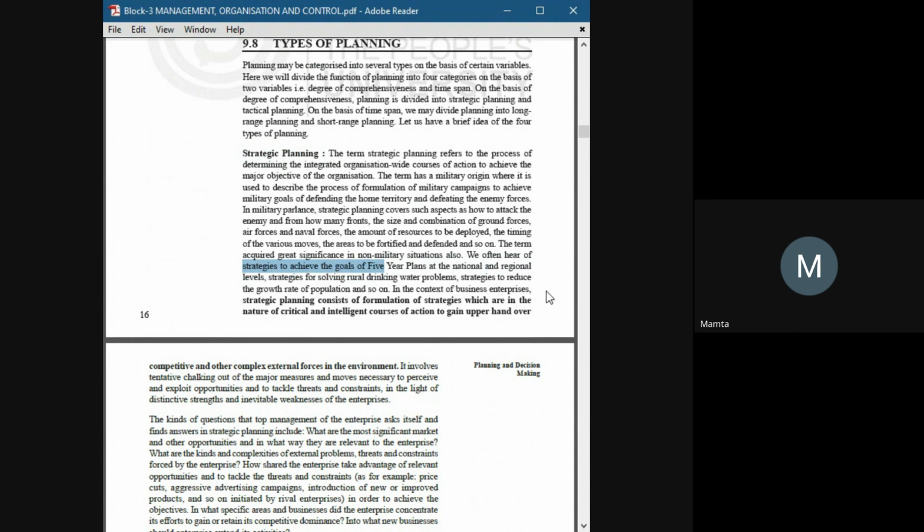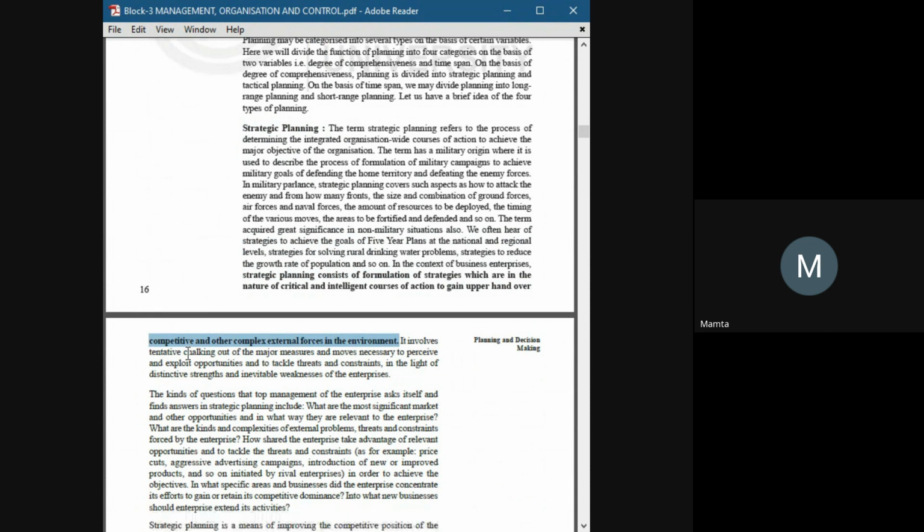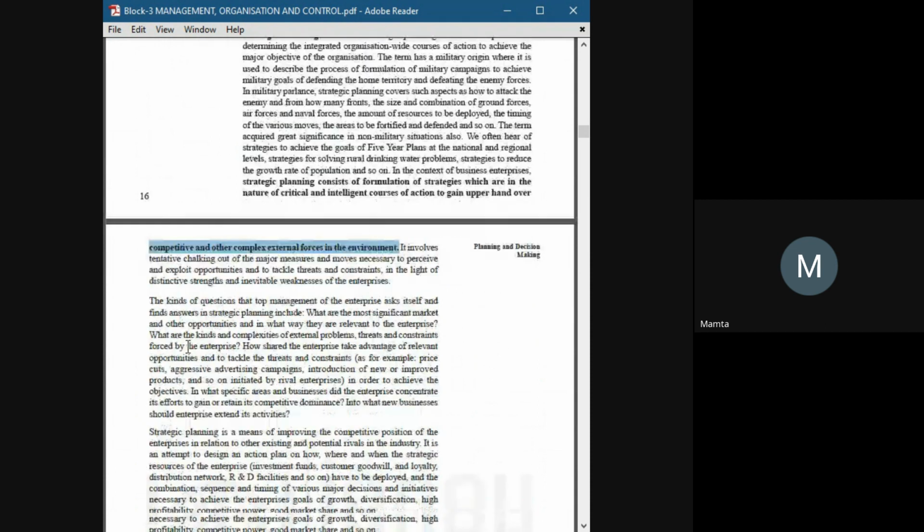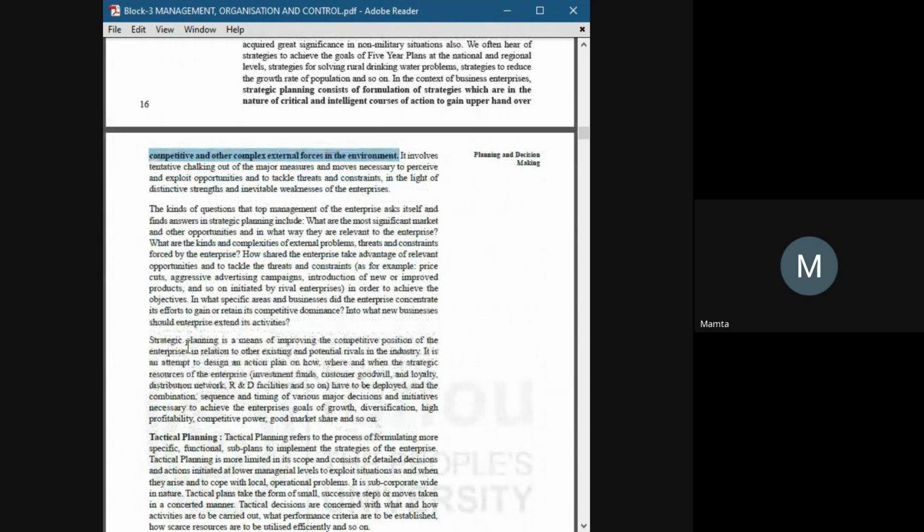In the context of business enterprises, strategic planning consists of formulation of strategies which are in the nature of critical and intelligent course of action to gain upper hand over the competitive and other complex external forces in the environment. So basically, we are creating strategies for our competing organization, for a rival organization.